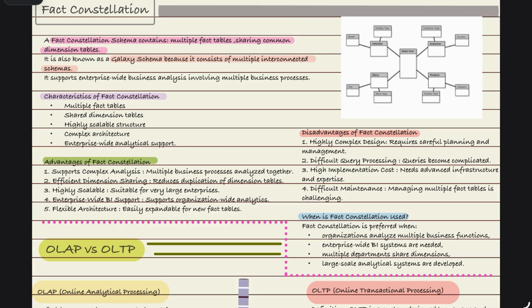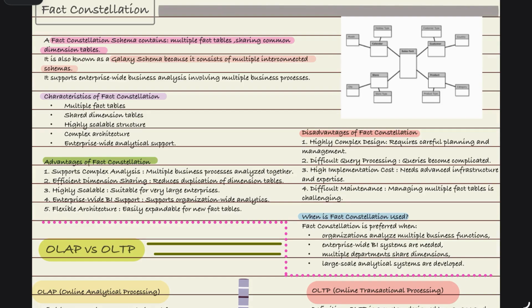So there are so many dimensions and fact tables, and even the Snowflake schema is part of that. So that is how a constellation schema, a galaxy model, is created. All right. So it has multiple fact tables, shared dimension tables, highly scalable, complex architecture, enterprise-wide support, right?